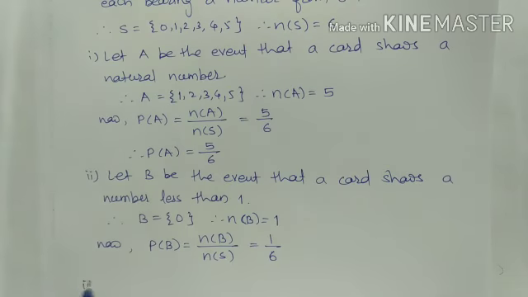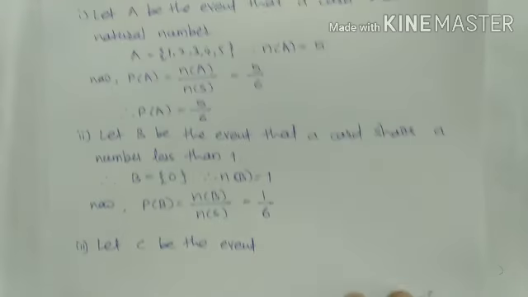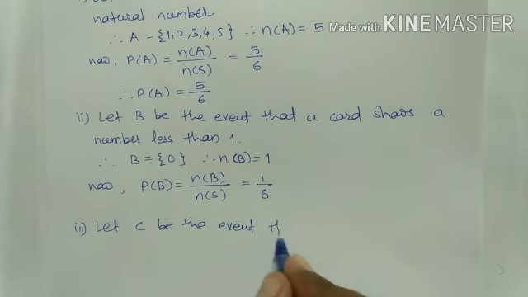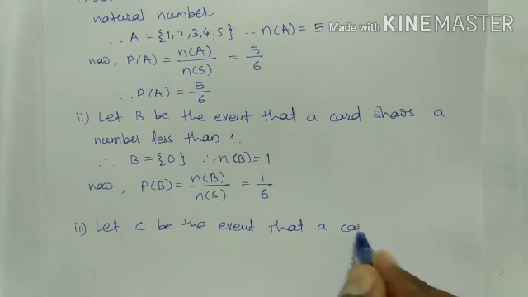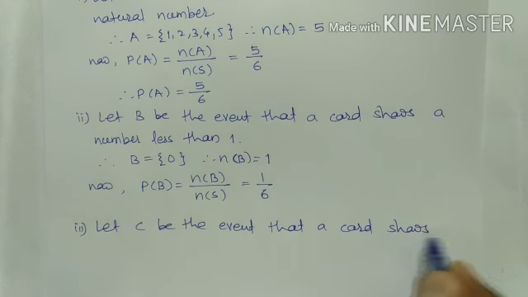Now let C be the event, the third event. C be the event that a card shows a number, which number? A whole number.